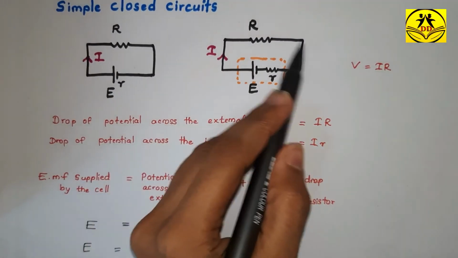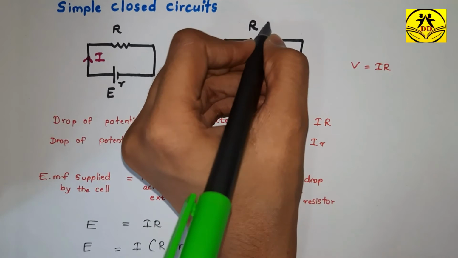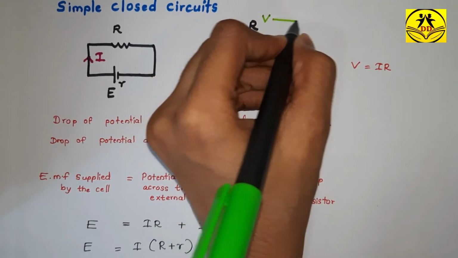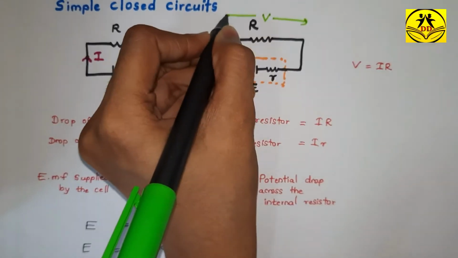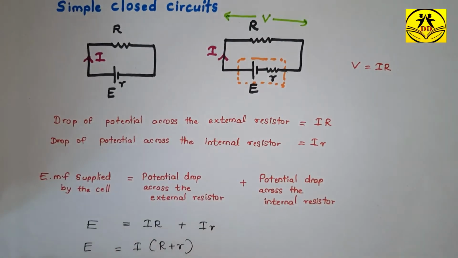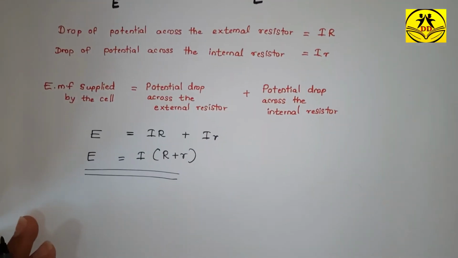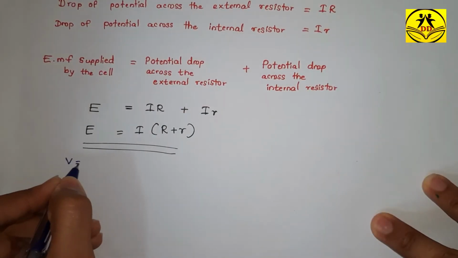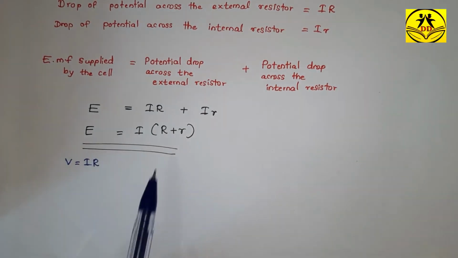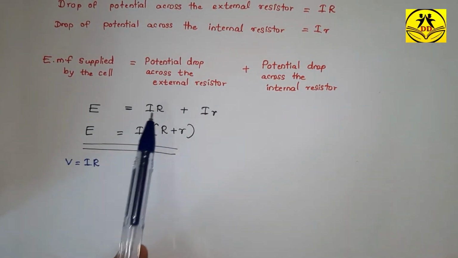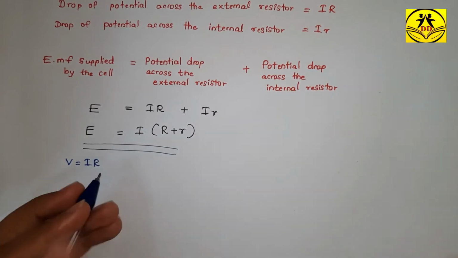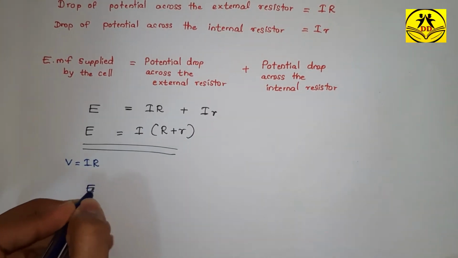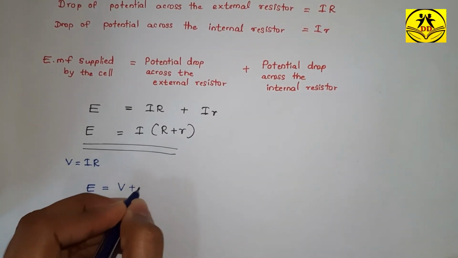Now if we consider the potential difference across the external resistor R as V, we can write V equals IR. So instead of IR, you can write V. So E can be written as V plus Ir.